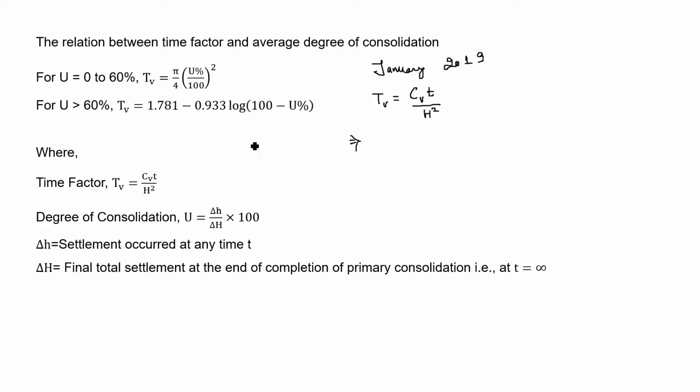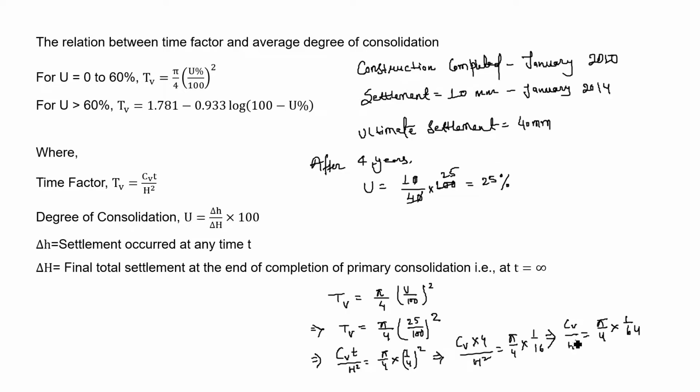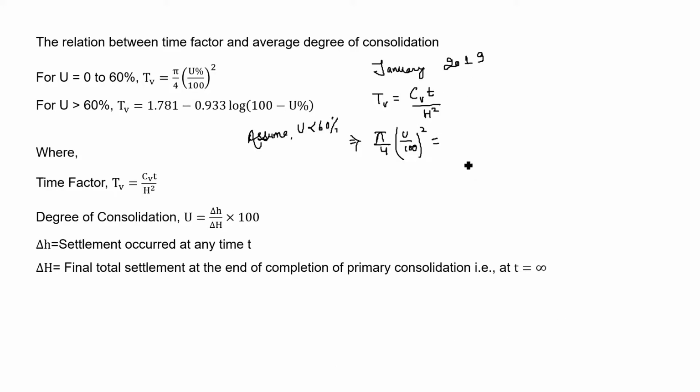So just assume U is smaller than 60%. So we can write the equation pi by 4 into (U by 100) square is equal to Cv by H square into t, and Cv by H square, which we have just calculated, is independent of time. So Cv by H square is equal to pi by 4 into 1 by 64. Time t is 9 years.